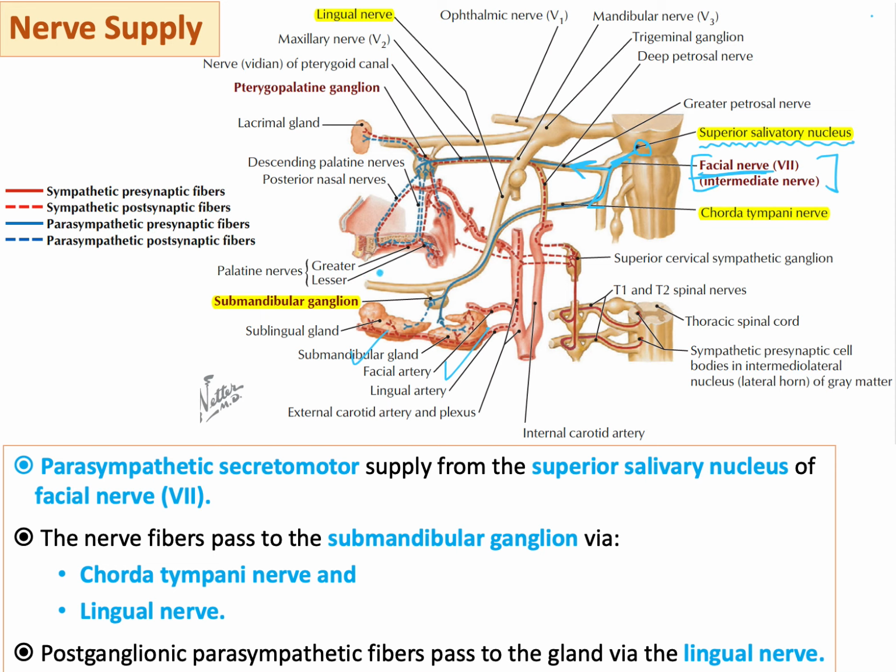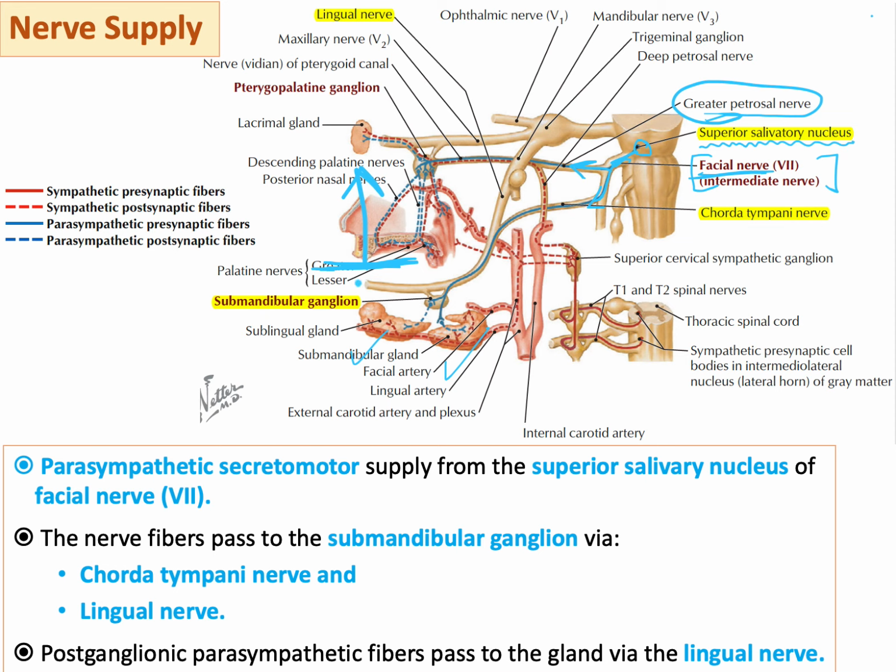Now keep in your mind, guys, that for the salivary glands above the oral fissure, this is the oral fissure, the opening of your mouth, the fibers will be transmitted through the greater petrosal nerve, which is a branch of the facial nerve.